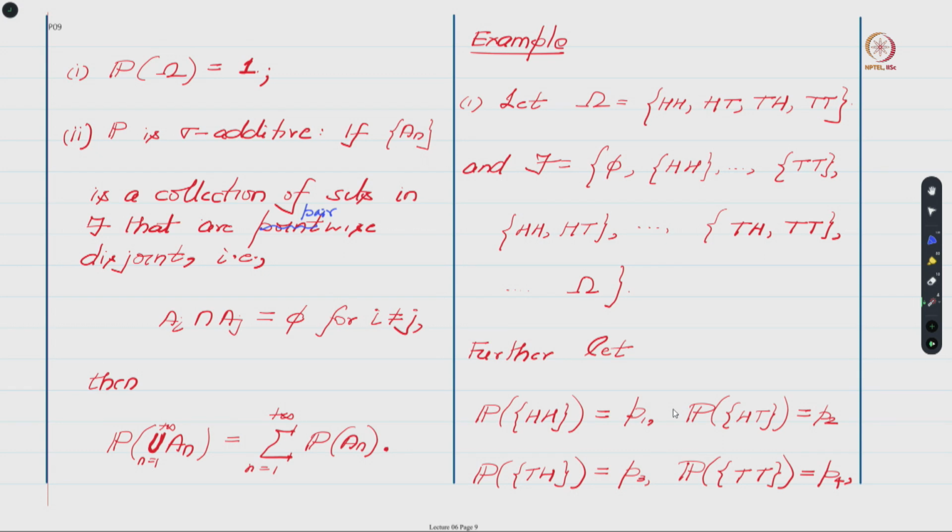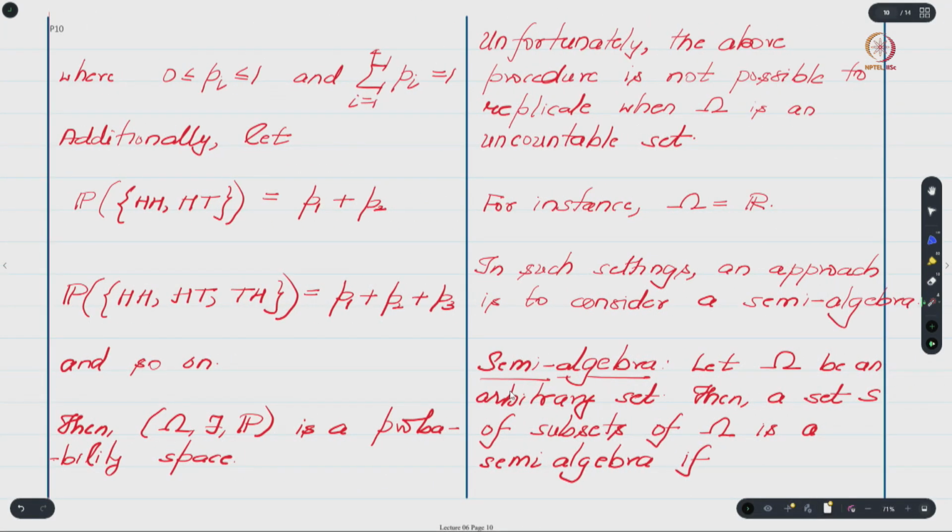And because it is a probability measure, this collection of omega, F and P will turn out to be a probability space. Now one can ask, this looks very simple, can we follow this procedure in general? Well, the answer is that replicating this procedure often is not possible, especially when your sample space is an uncountable set. For instance, if omega is R, we cannot repeat this procedure.